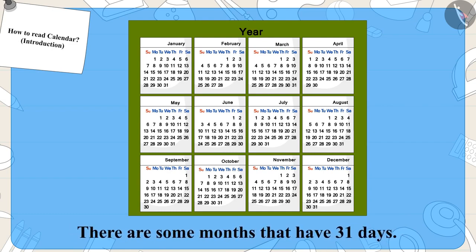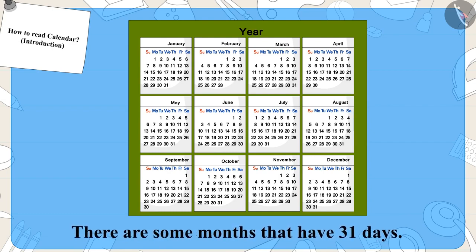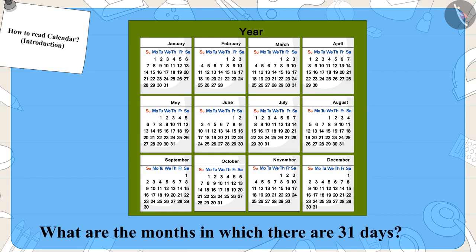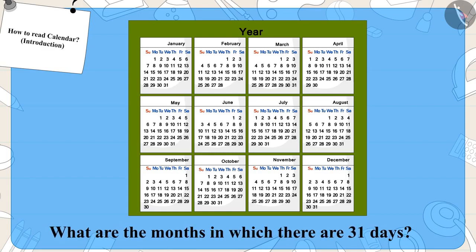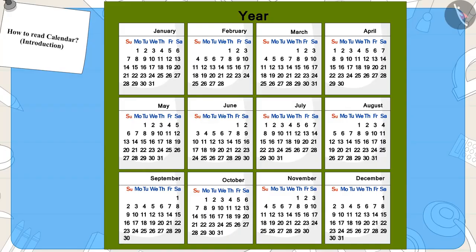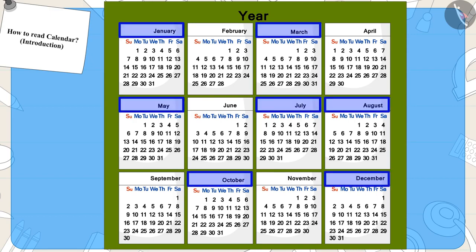Can you tell by looking at the calendar which months have 31 days in them? If you want, you can pause the video to find the answer. Yes, January, March, May, July, August, October, and December have 31 days in their month.